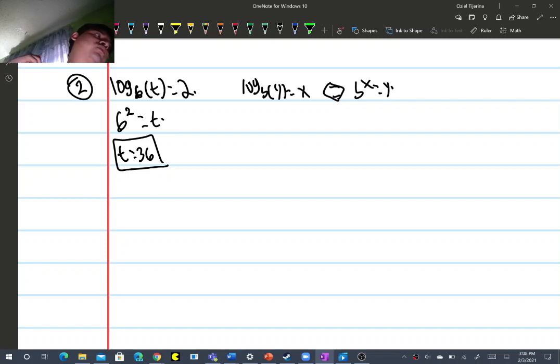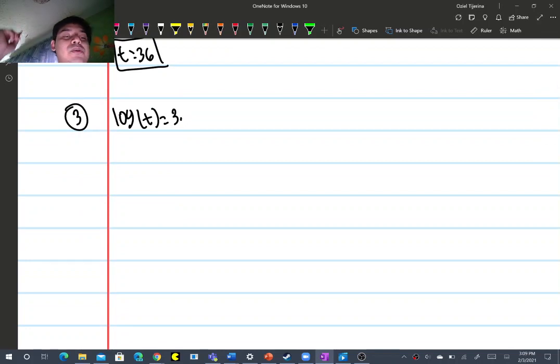It's very useful for these types of problems. So the next one that I have is log of t equals 3. With log of t, you have a base of 10. So just put a little 10 right here if you want.